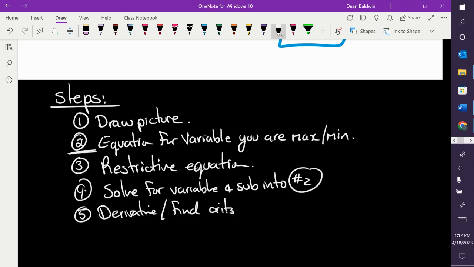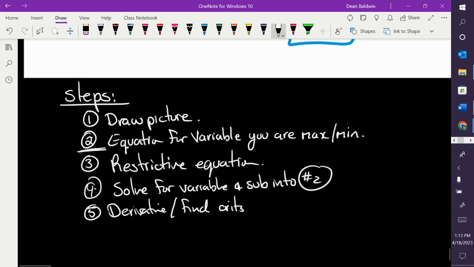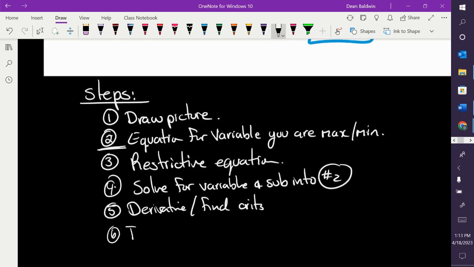So take the derivative, find your crits, and the final thing is to test to prove it's a max or min, and I guess then find dimensions.